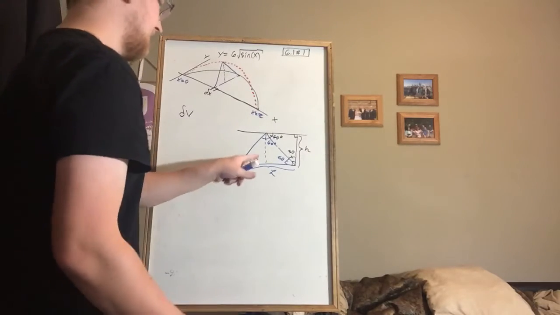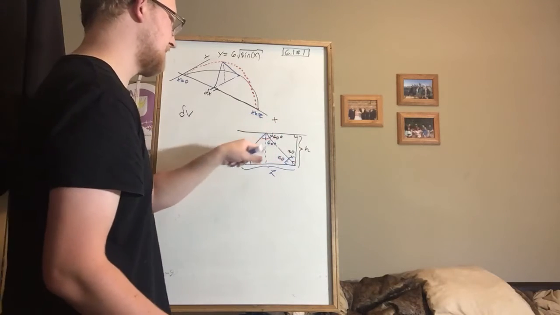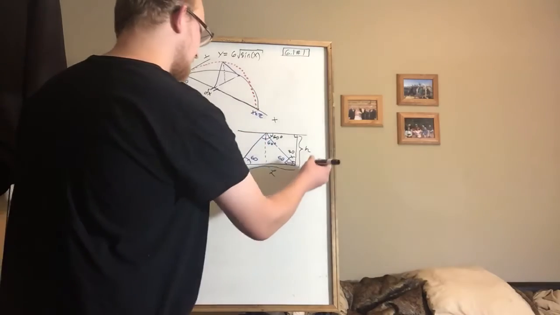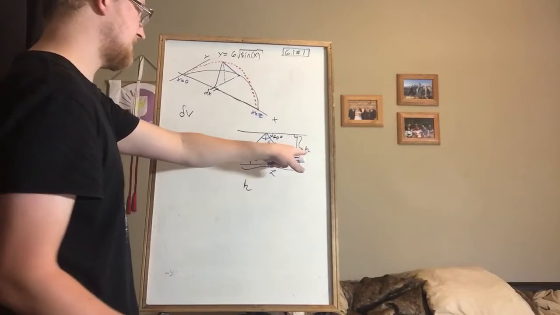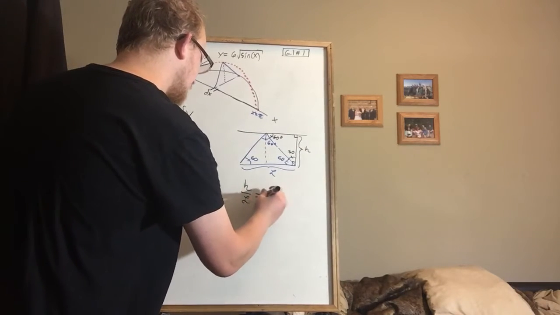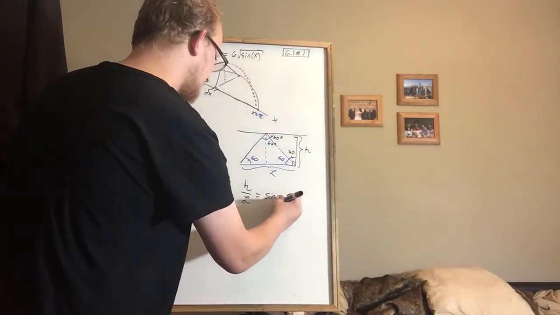So h is going to be, this side's L, right? It's also the hypotenuse of the right triangle, so L, L, L. Well, if that's the hypotenuse, then remember, opposite over hypotenuse, h over L equals sine of the angle 60.